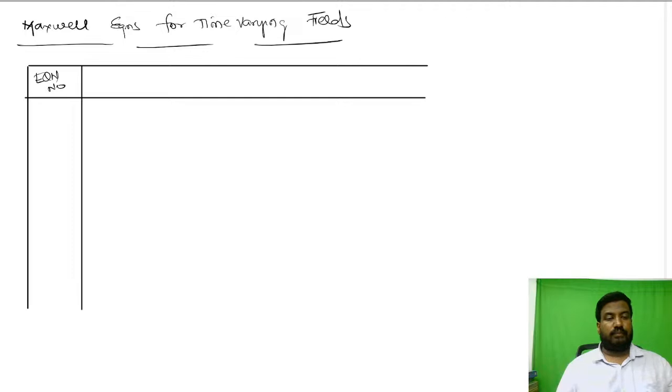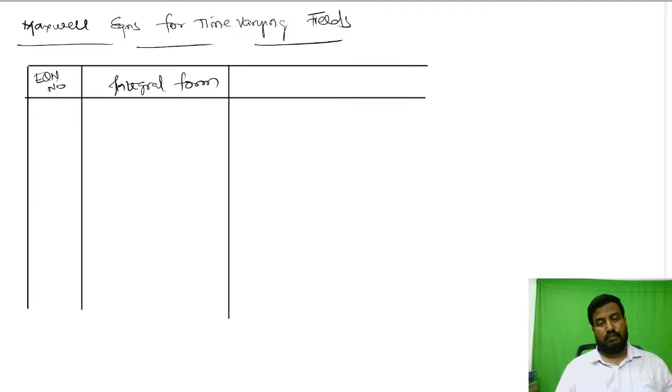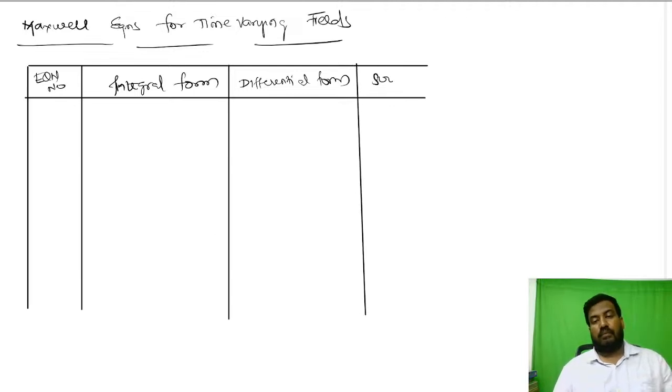The table has columns for equation number, integral form, differential form, and source.